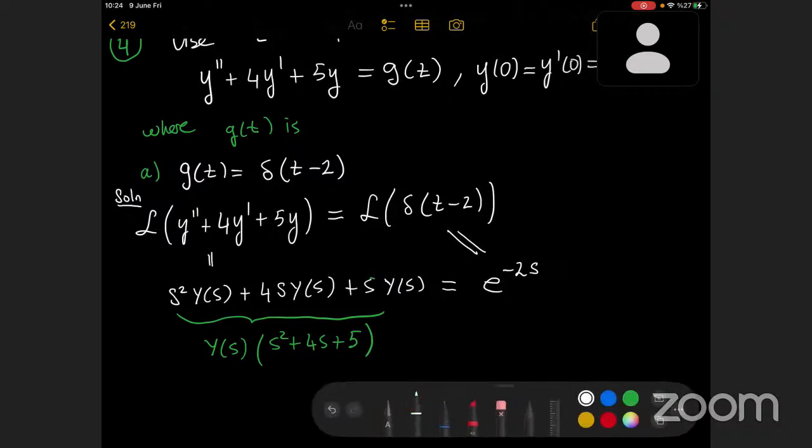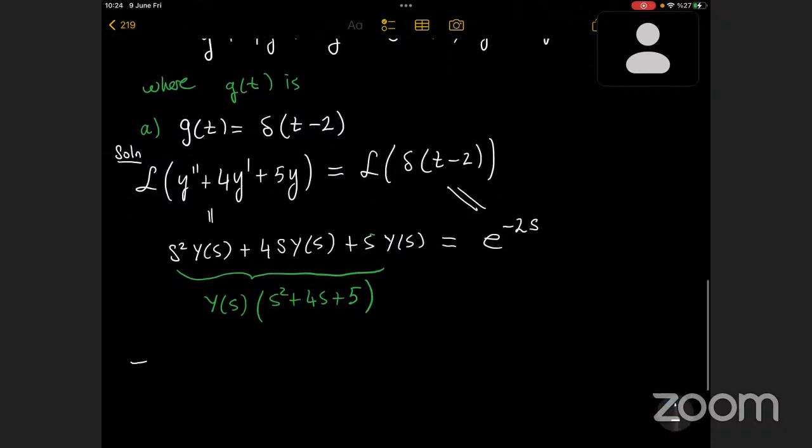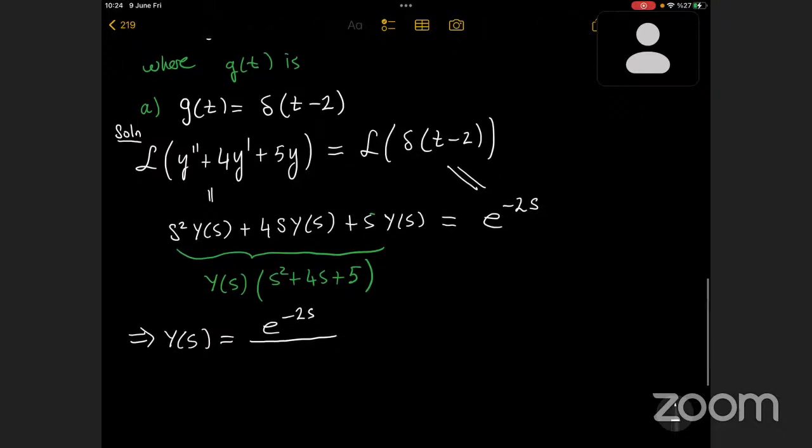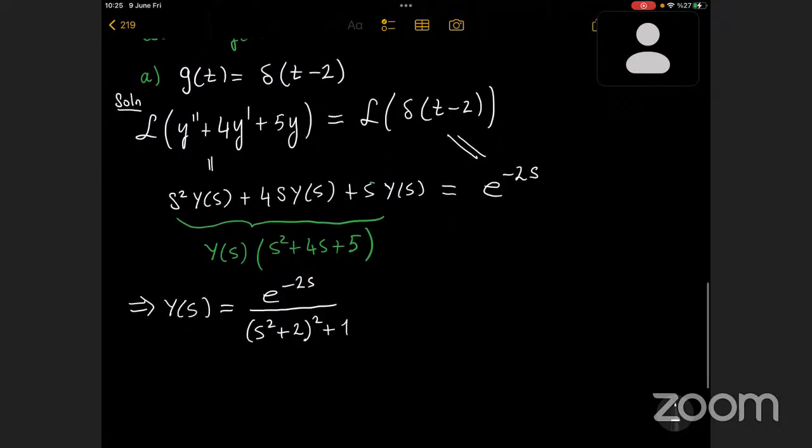Okay, so basically we get Y(s) is equal to e to the minus 2s over the bottom part. Let's write it like this: (s plus 2) squared plus 1, because we know the inverse Laplace in this form.